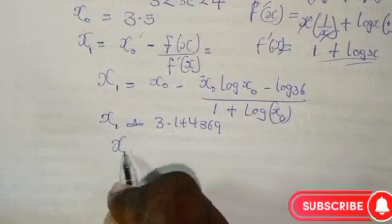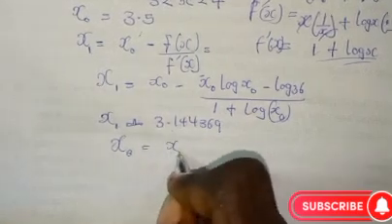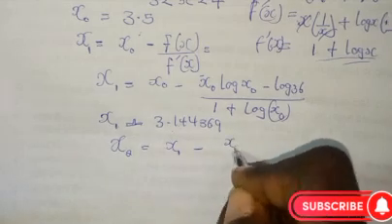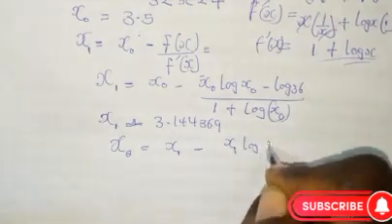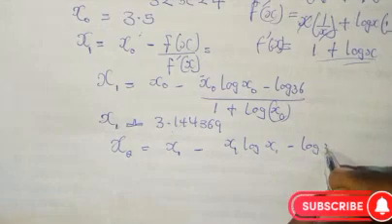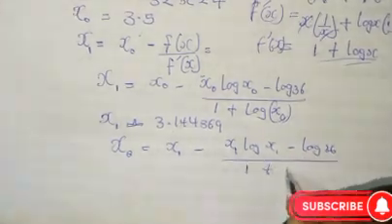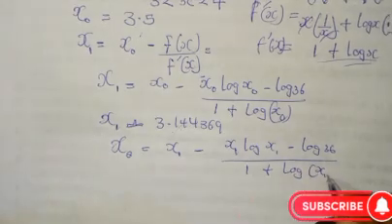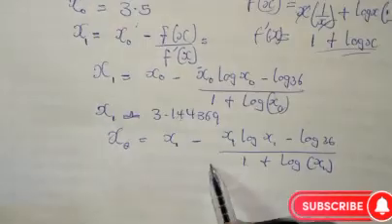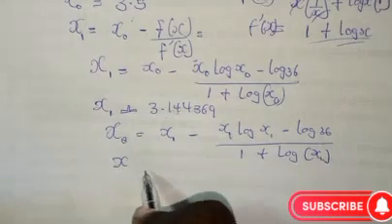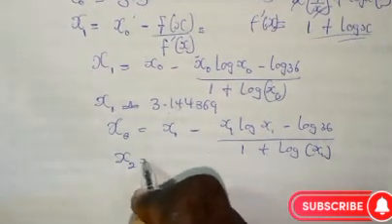So in order to get x2, it will be x1 minus x1 log x1 minus log 36 divided by 1 plus log x1. So the value of x1, you are going to substitute it here in order to get the next approximation, which is x2, right?